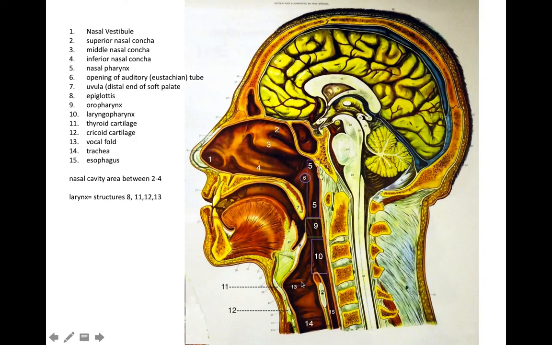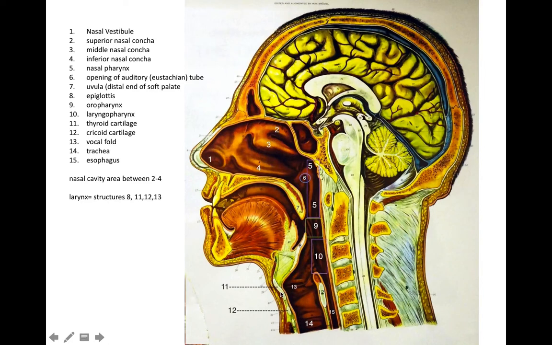Number 13 is the vocal fold or vocal cords. This is down in the larynx. Number 11 is going to be thyroid cartilage. It's a big plate of cartilage that's in front of the vocal cords. It's protecting those vocal cords.